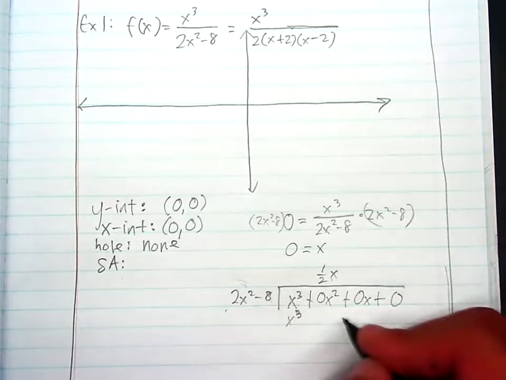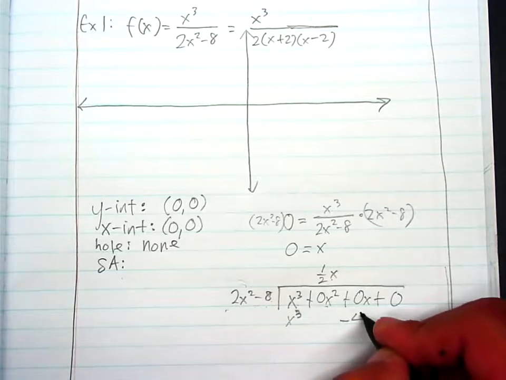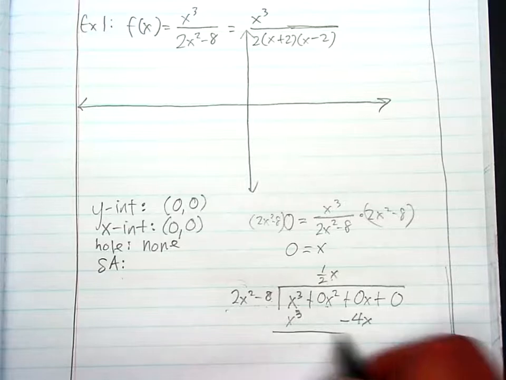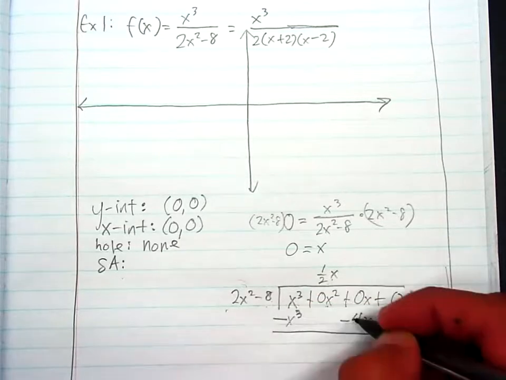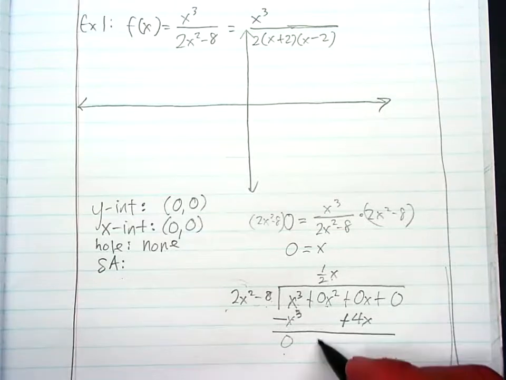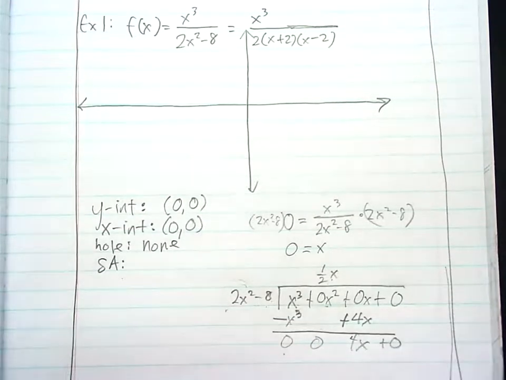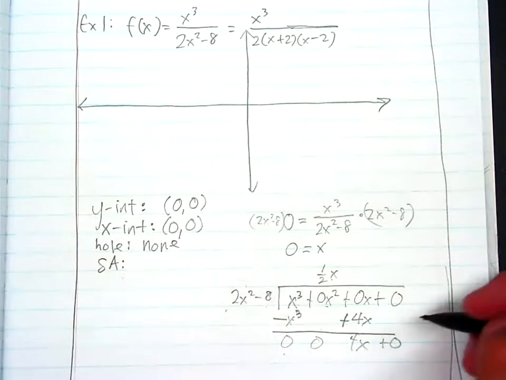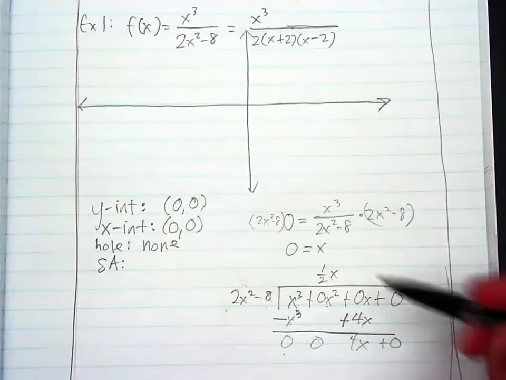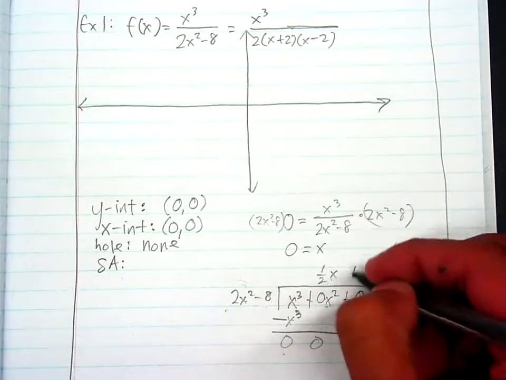It's negative 4x. I'm not going to put it under the x squared; I have to put it under the like term, so I'm going to put that under negative 4x. Draw a line. Remember, I subtracted, so I'm going to change the sign. This is 0, this is 0, and then 4x plus 0. Now I can't really multiply anything by x squared to get 4x, so 4x is my remainder.